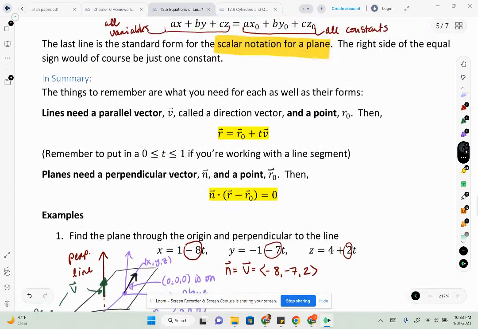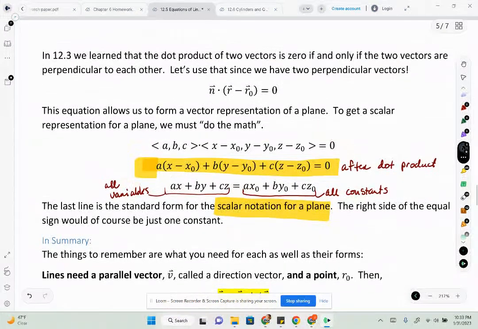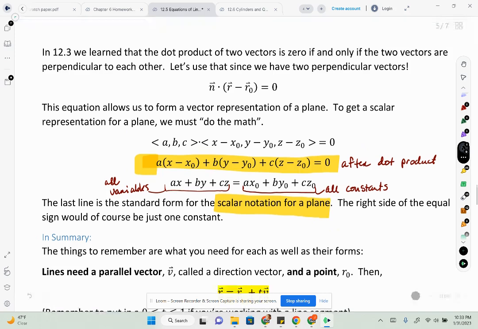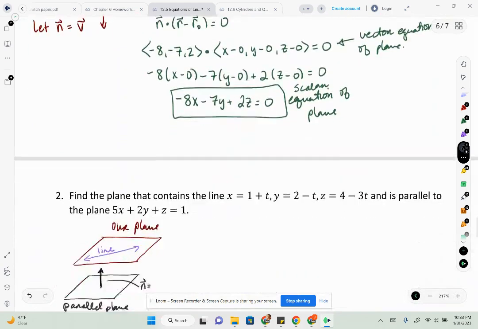Also notice in the general form up here, when a, b, c was the vector for the normal vector, the components of our normal vector, a, b, and c, ended up being the coefficients in front of x, y, and z. So that means we should be able to go backwards. Like if we know the coefficients in front of x, y, and z for a plane, then we know the normal vector. Let's use that.